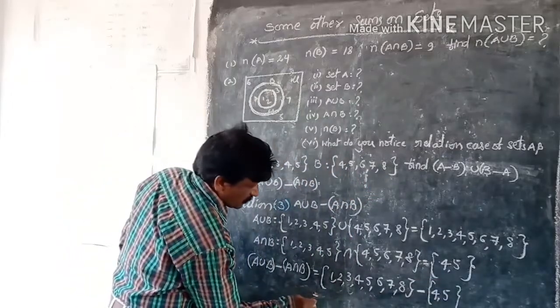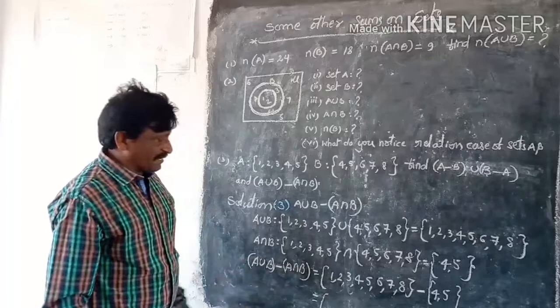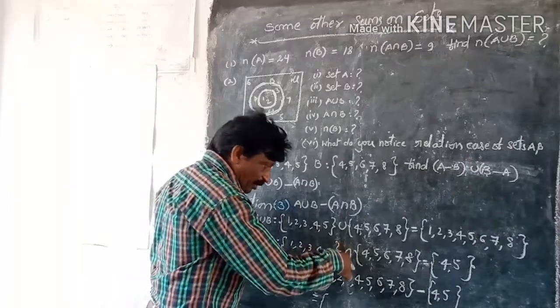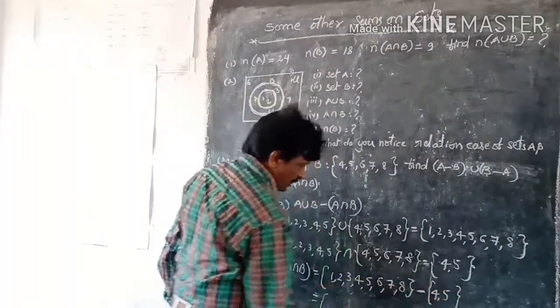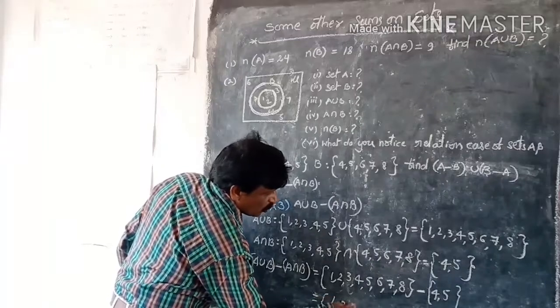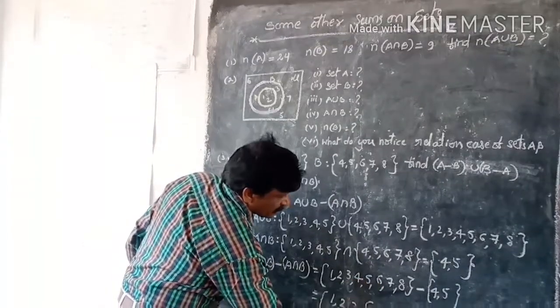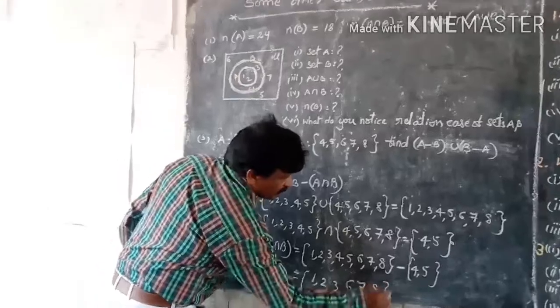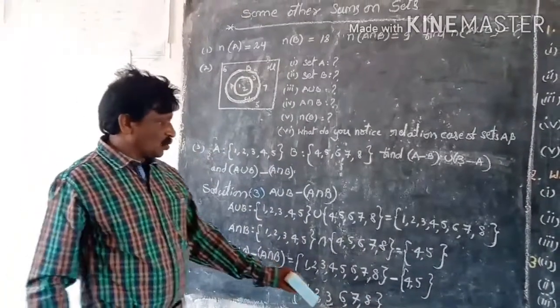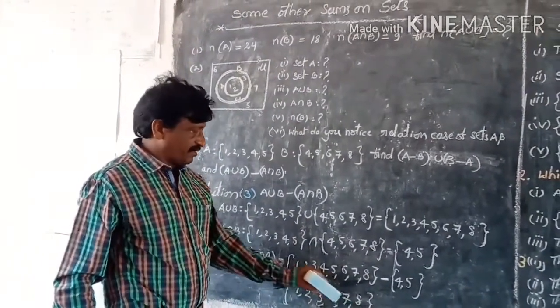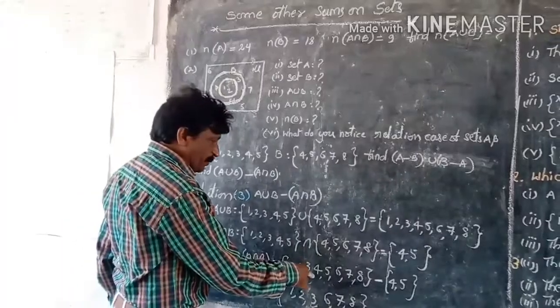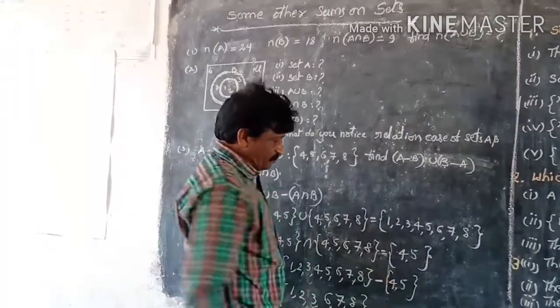The elements are in A union B, not in A intersection B. So 1, 2, 3, 6, 7, 8.